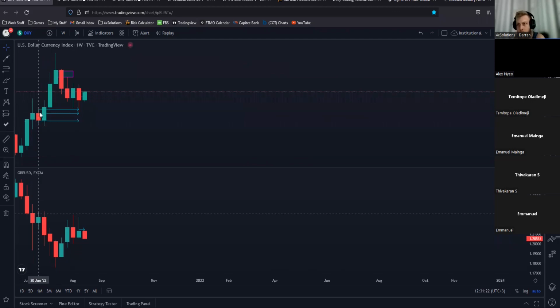And if we are looking at the same down close candle, we are looking at this up close candle and pulling this across. If this over here on the DXY is the close of this down candle, then this is the close of this up close candle over here.